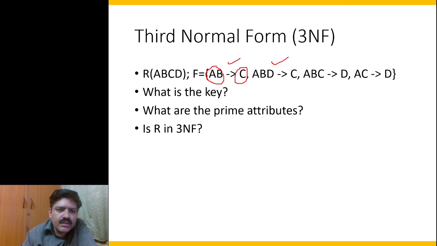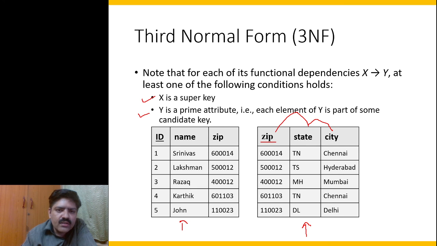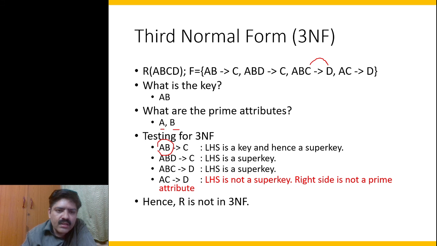So let me show you the conditions once again. So for every functional dependency, either X is a super key or Y is a prime attribute. So here if you look at it, LHS is AB, so LHS is a key for all these 3 functional dependencies. So let's take the last functional dependency where AC to D is the dependency.